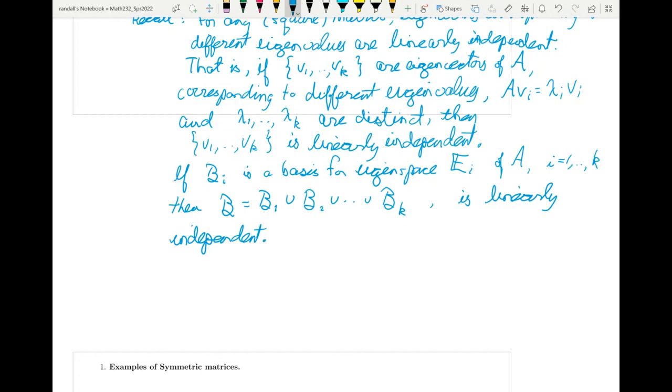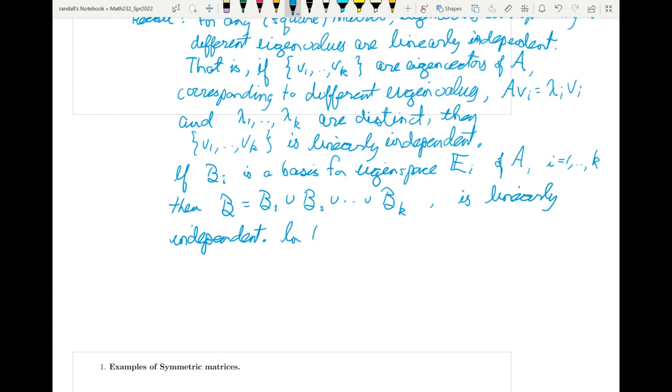So you can create a large set of linearly independent vectors by taking the union of all the bases. In the case where the matrix A is diagonalizable, then B is a basis for Rn.